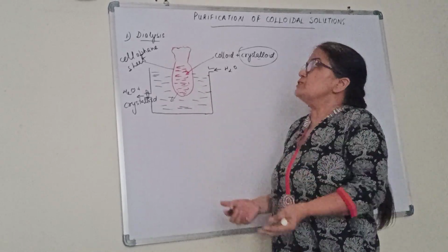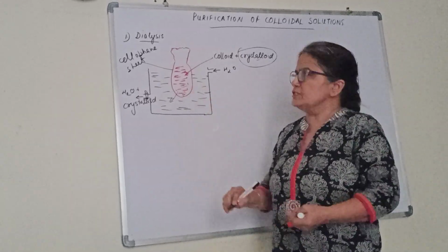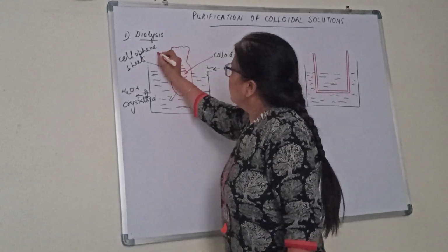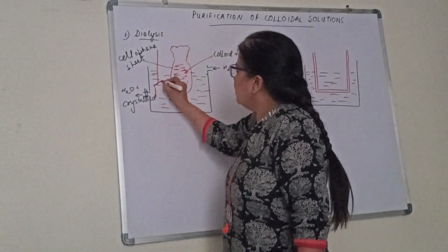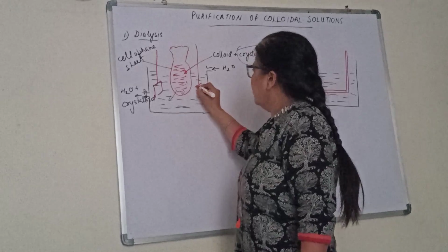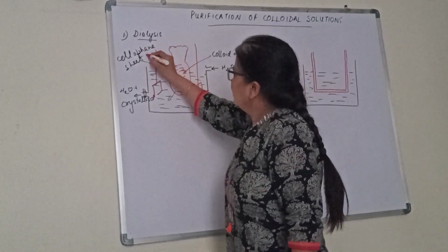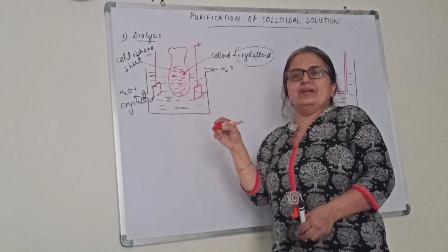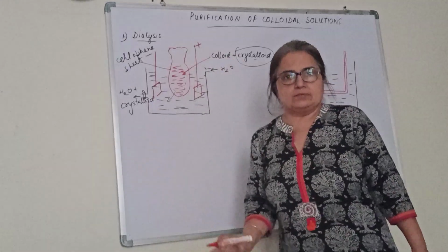But one thing in this process is that it is very slow. To increase the speed of this dialysis process, there are two electrodes which can be used. Here one electrode is hung, another electrode is hung, cathode and anode. Using the electrodes, the process becomes faster.